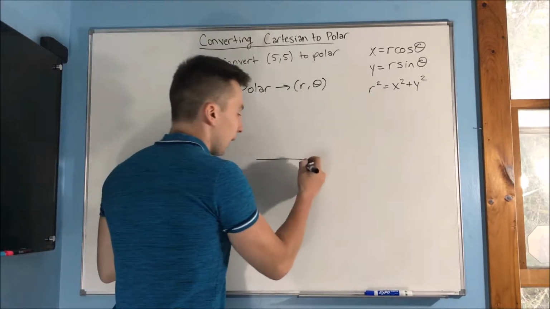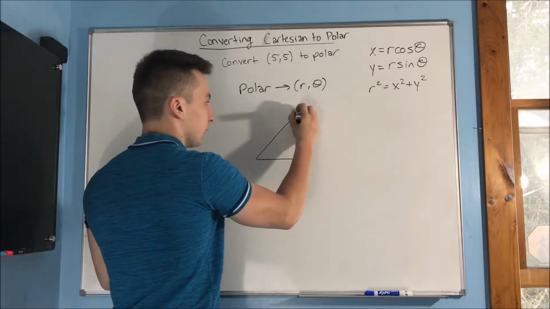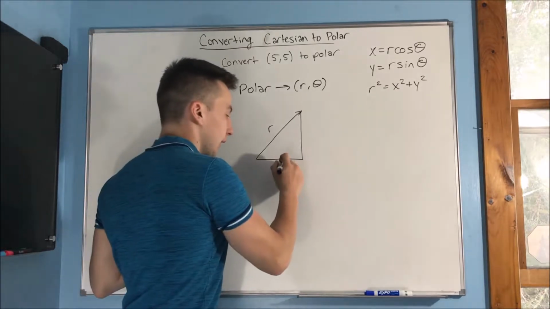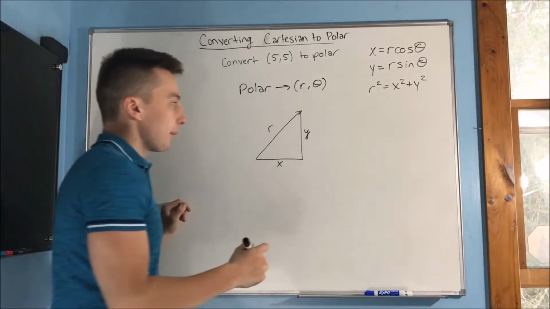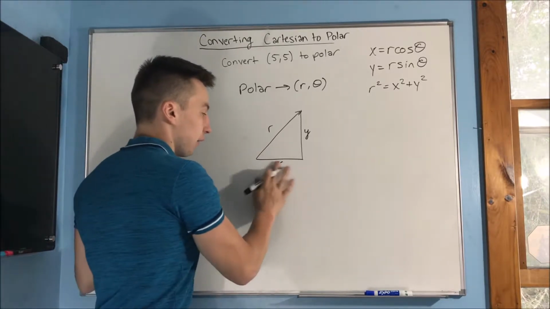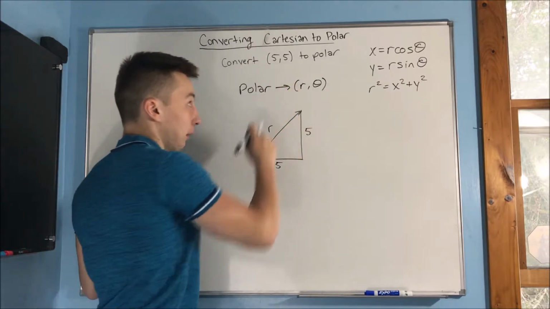You have your x component and your y component, and your resultant, that's r. So you have your x and your y here. We know that your x is 5, and we know that your y is 5. That's given to us in the problem.